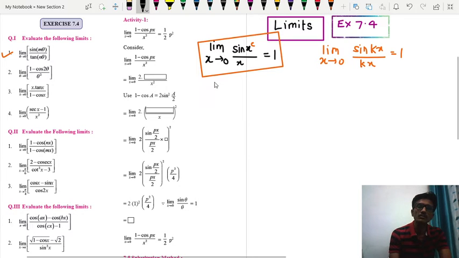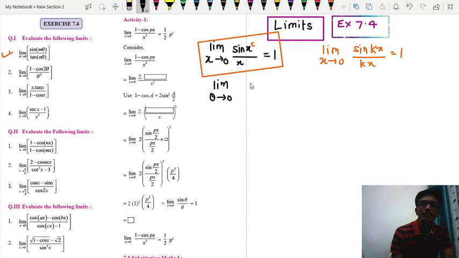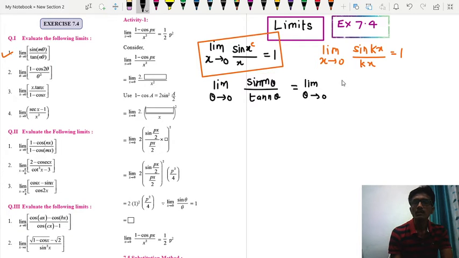Here limit theta tends to 0, sin of m theta upon tan of n theta, with m theta and n theta. So this is equal to limit theta tends to 0, sin m theta upon theta, dividing by theta and multiplying by theta over here, tan of n theta.